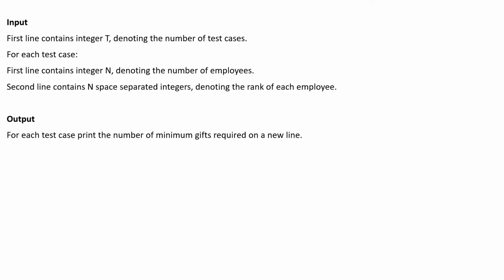That means we need one main input, the number of test cases. Based on the number of test cases, for each and every test case, I need two inputs. Suppose I am taking t as 2, then for the first test case, I need the number of employees and then the ranking of each employee. For the second test case, again the number of employees and the ranking of each employee.